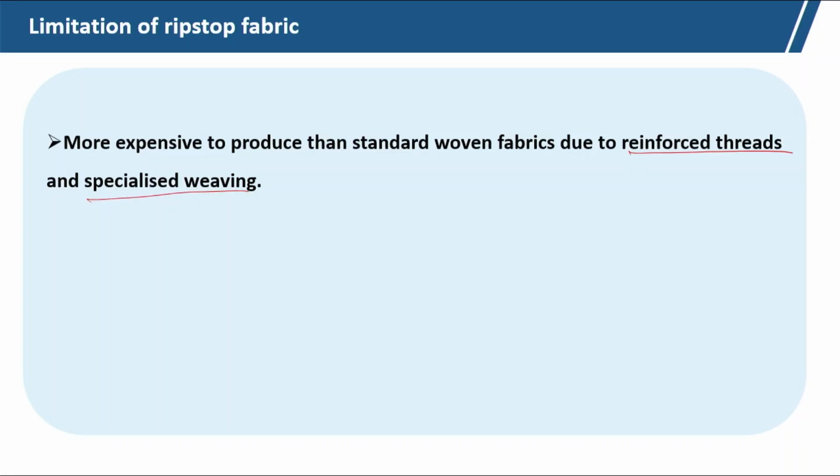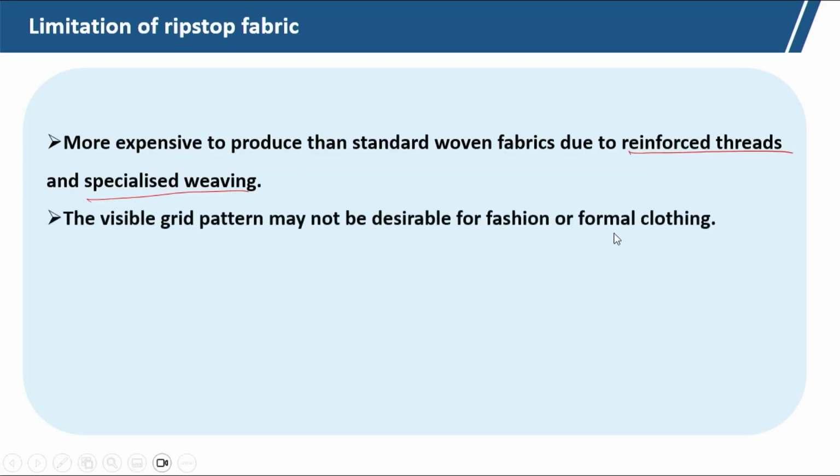So, for ripstop we need specialized weaving and we have to use the expensive reinforced threads, and the visible grid pattern may not be desirable for fashion or formal clothing. So, this will give us one visible grid pattern, but for workwear or protective garment this is very useful.